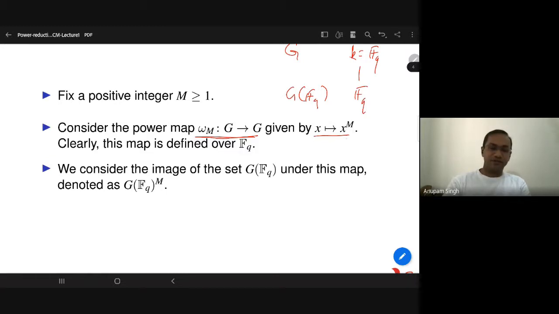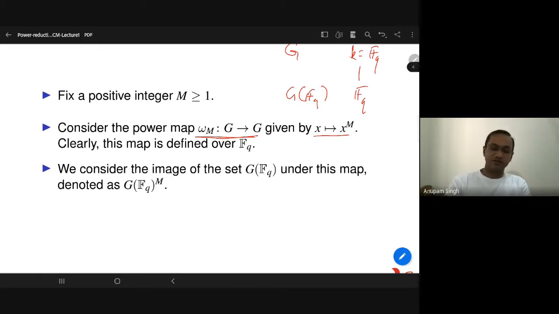We have seen with some examples which we calculated in tutorials and otherwise, and also in Kunyavskii's lectures, that the field plays a role in dealing with word maps, and hence even for the power map, the field plays a role. Some things might be true over an algebraically closed field, but may not be true over other fields. So we are particularly interested in finite fields.